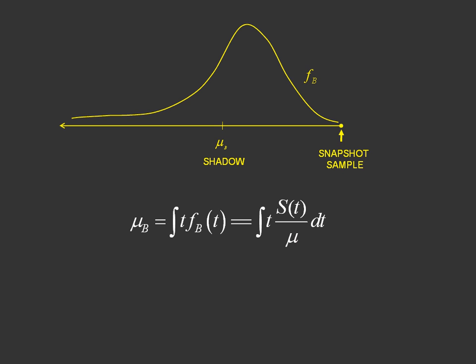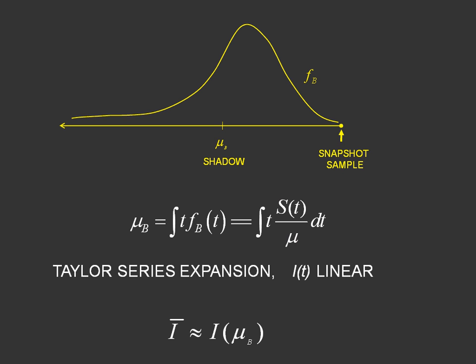And a little Taylor series expansion shows that approximately what we're estimating by the biomarker approach is not the current incidence here, but the incidence here. We're estimating the incidence at the shadow with a time lag, where that time lag is the shadow.